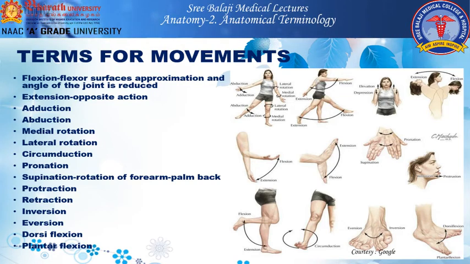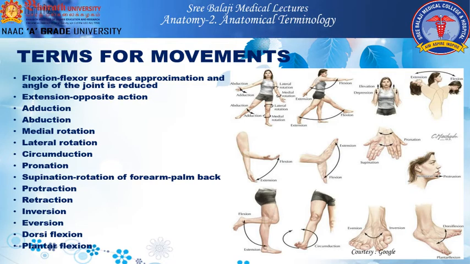There are also adduction, abduction, medial rotation, lateral rotation, circumduction, pronation, supination, protraction, retraction, inversion, eversion, dorsiflexion, and plantar flexion. These are the terms we generally use, and we have to go through all of them individually.